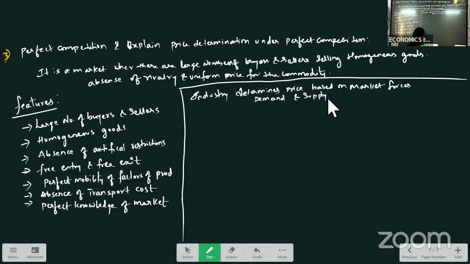Because many sellers are there, individual firm cannot decide the price. Only industry will decide the price based on demand and supply. So we will explain that one here. Now this is the price.